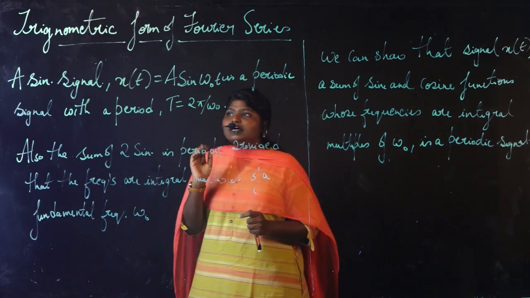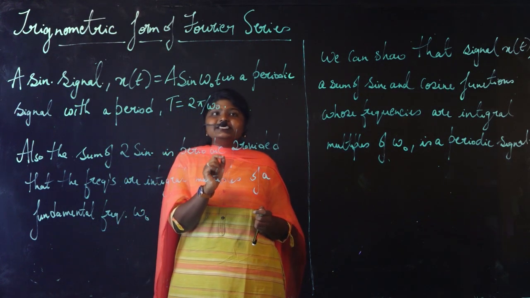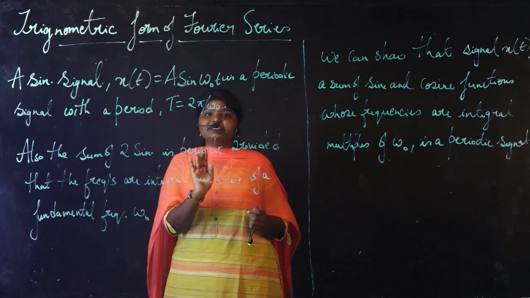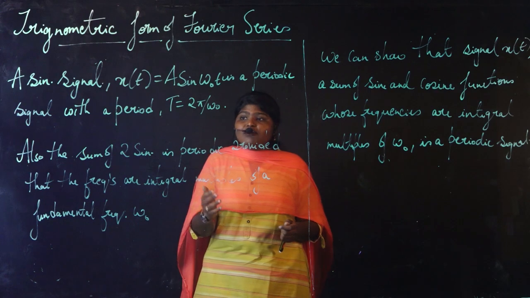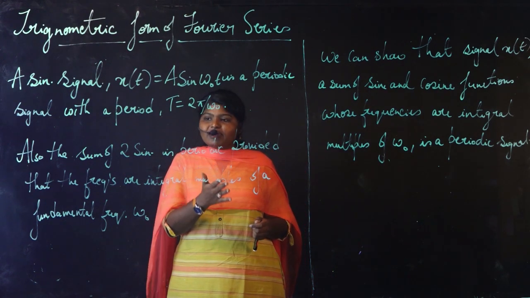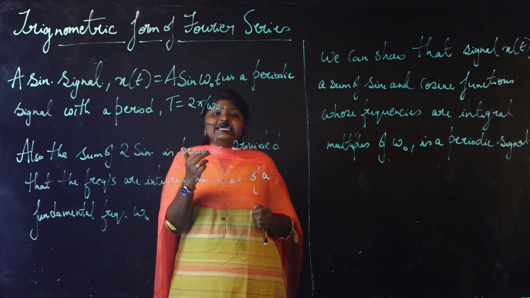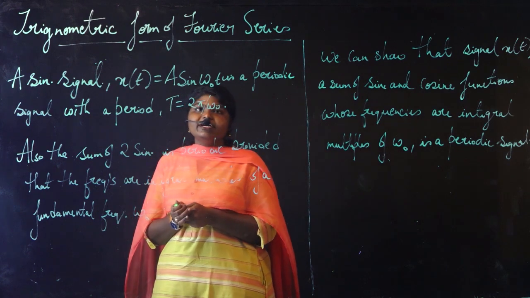A sine signal x of t equals A sin omega naught t is a periodic signal with period T equals 2 pi by omega naught. Also, the sum of two sines is periodic provided that the frequencies are integral multiples of the fundamental frequency omega naught.